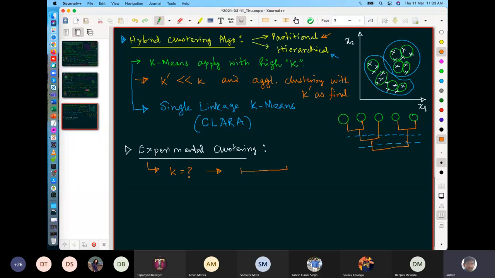For example, within a threshold from A to B, you try out this number of clusters that you get. You may get 3 clusters, 2 clusters, or 4 clusters, and among them you need to compare.